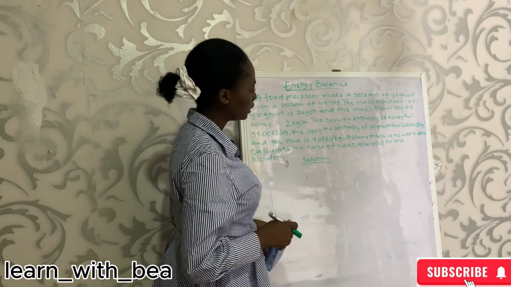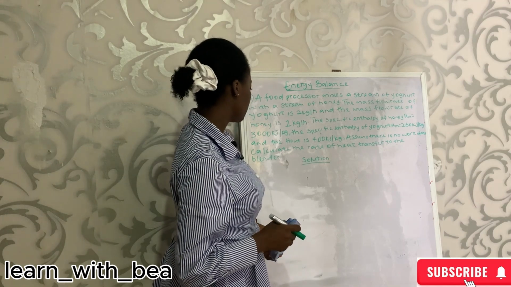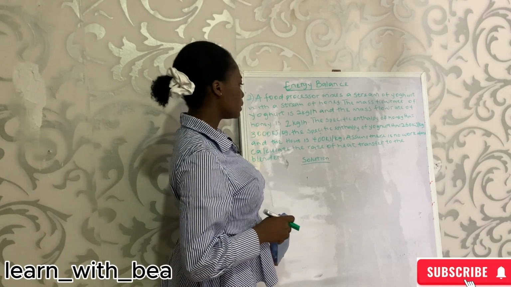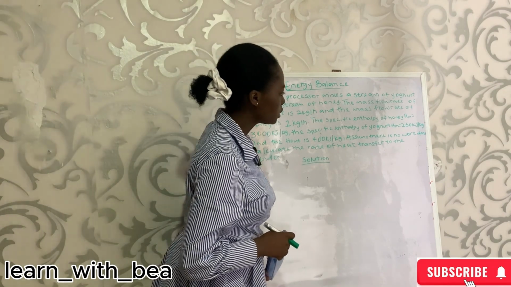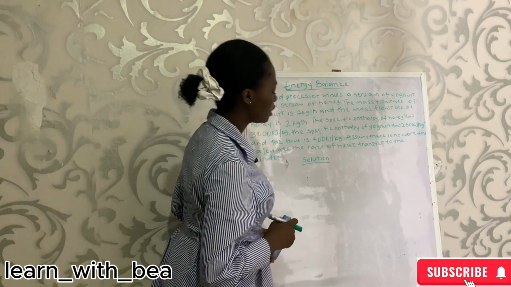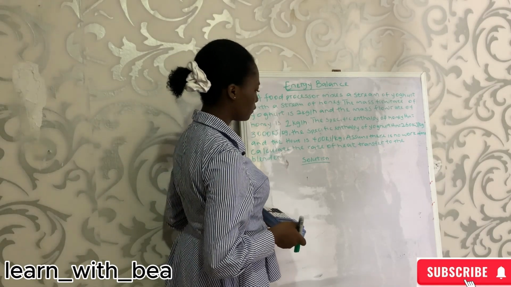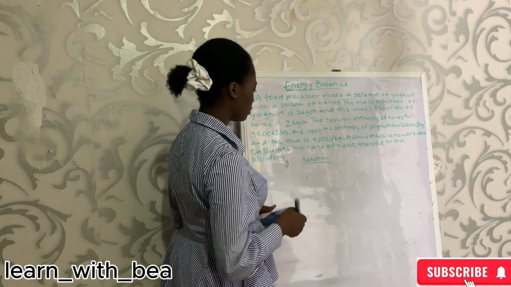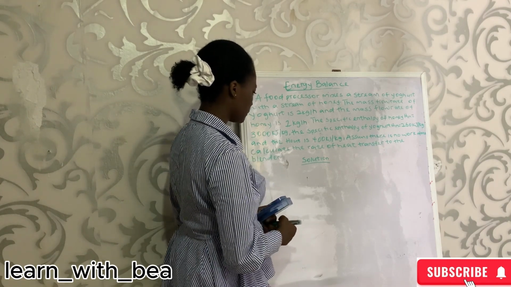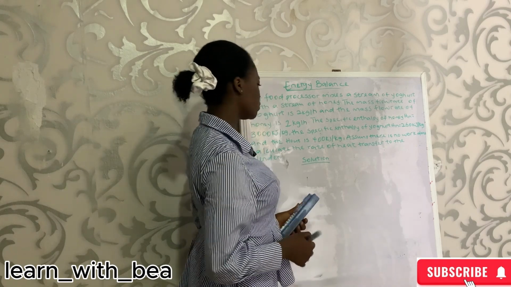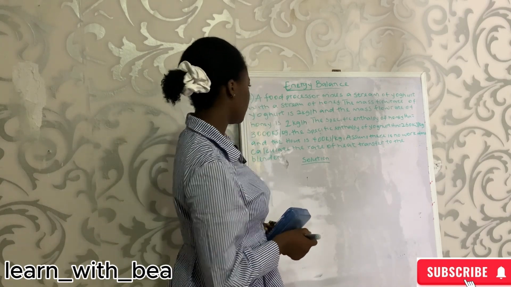The specific enthalpy of honey, H in, is 300 kilojoule per kilogram. The specific enthalpy of yogurt, H in, is 250 kilojoule per kilogram, and the H out is 400 kilojoule. Sorry, the H out of both. Assume there is no work done.